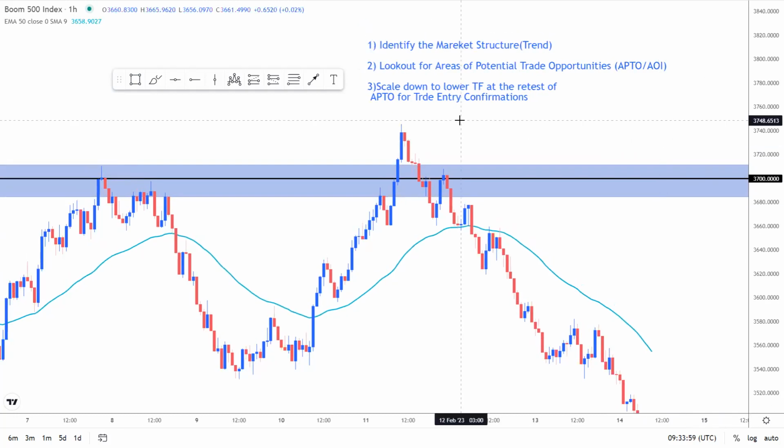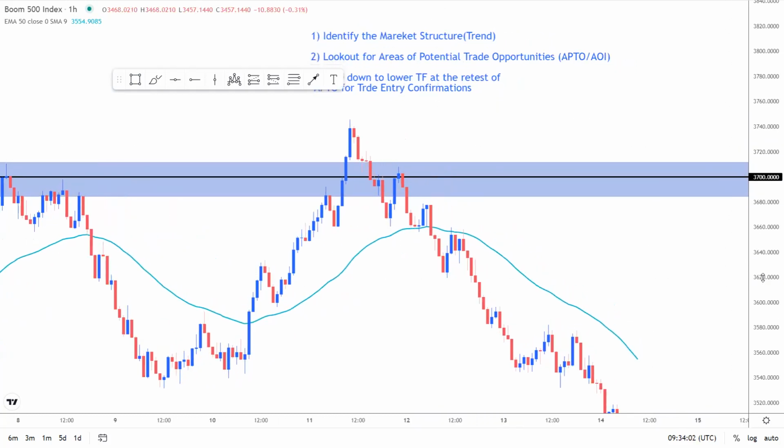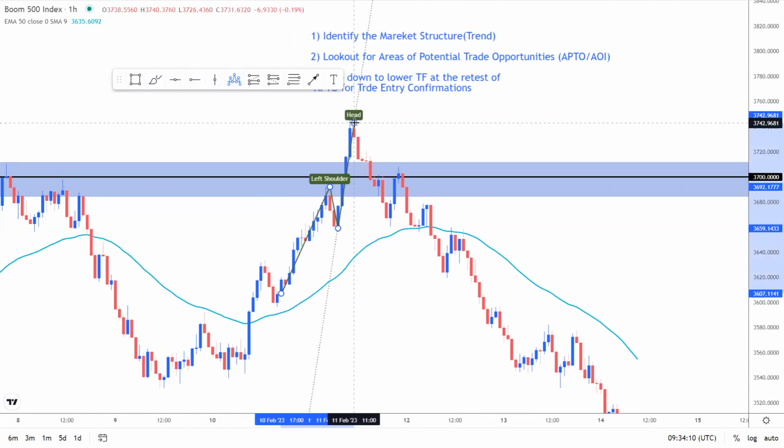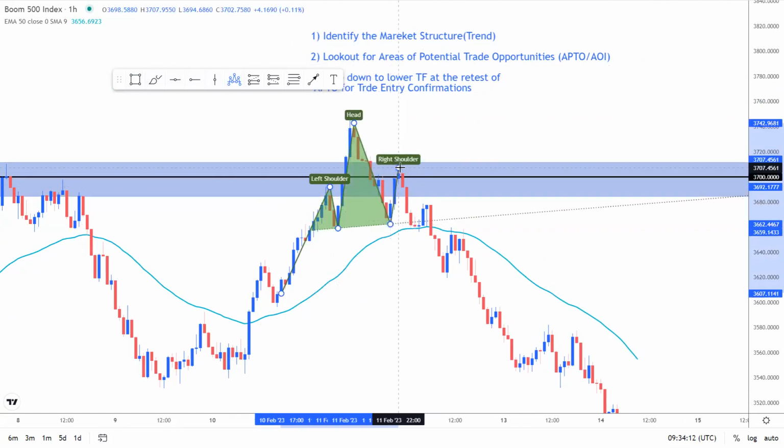Then from the 1 hourly time frame, we quickly noticed we had ourselves a nice chart pattern, a reversal chart pattern, which is the head and shoulders pattern.